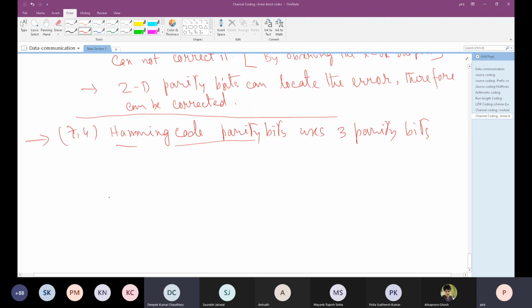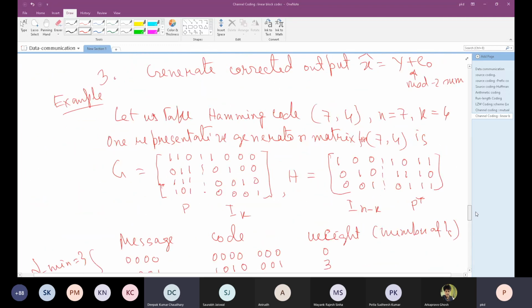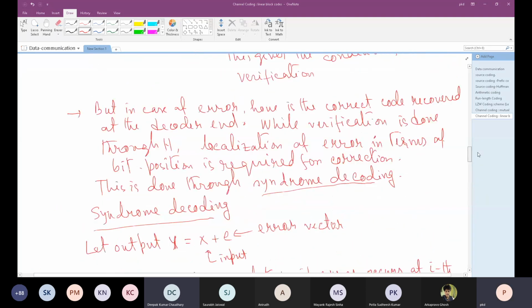Earlier we presented how these codes were generated.